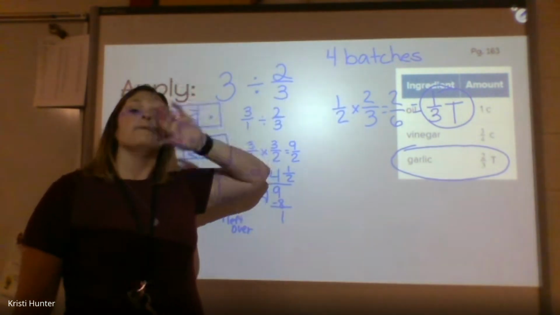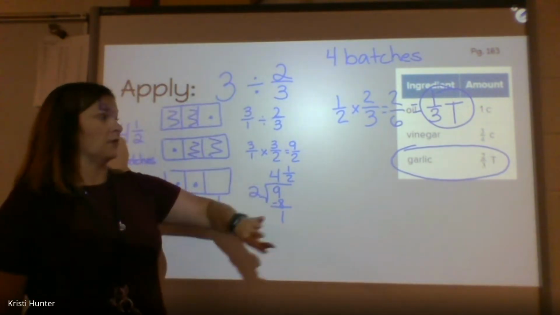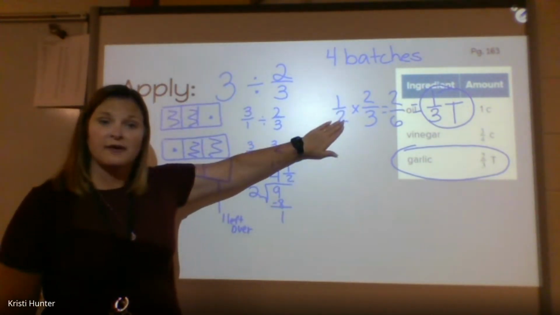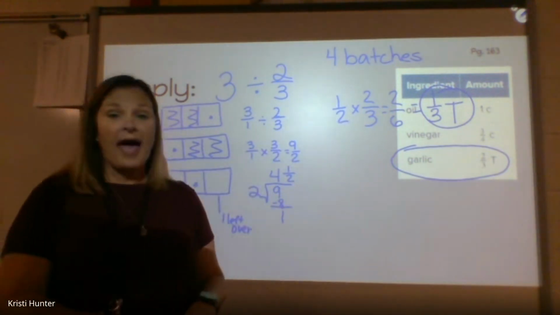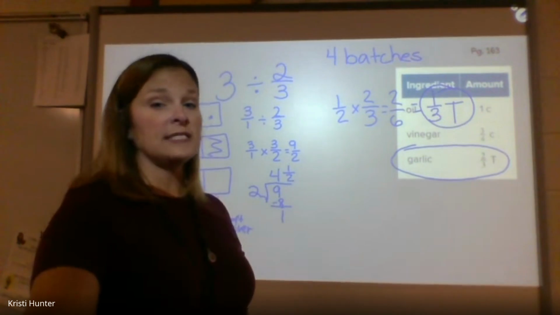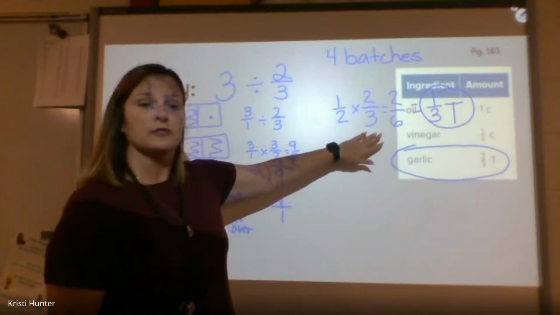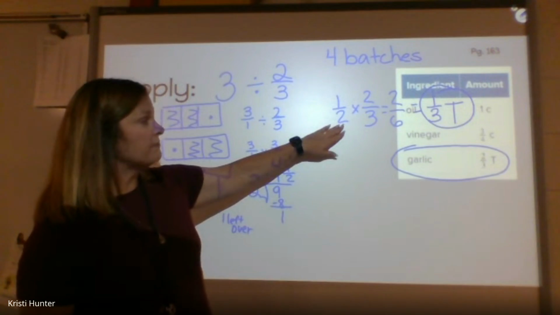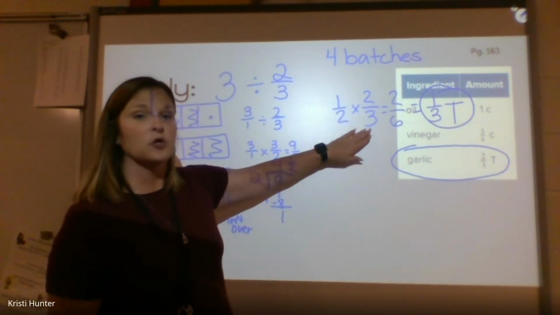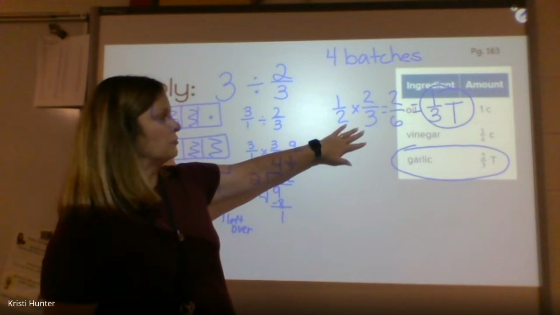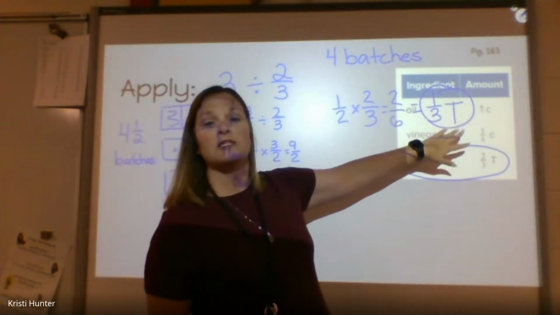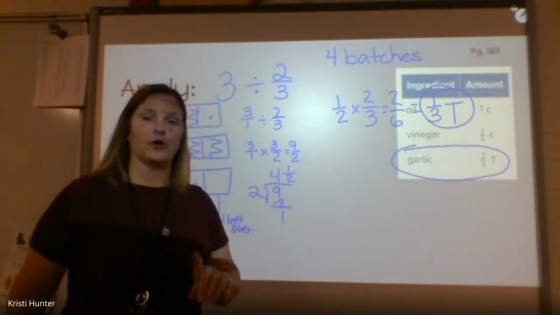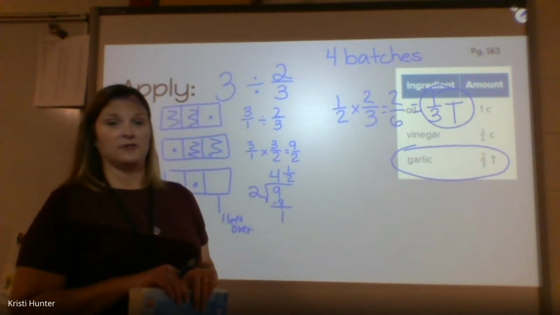Then it asks, but what part is left over? Well, we got half of a batch left over. That batch was supposed to be 2/3. So we do 1/2 of 2/3, or 1/2 times 2/3, and we get ourselves 1/3 of a tablespoon left over.